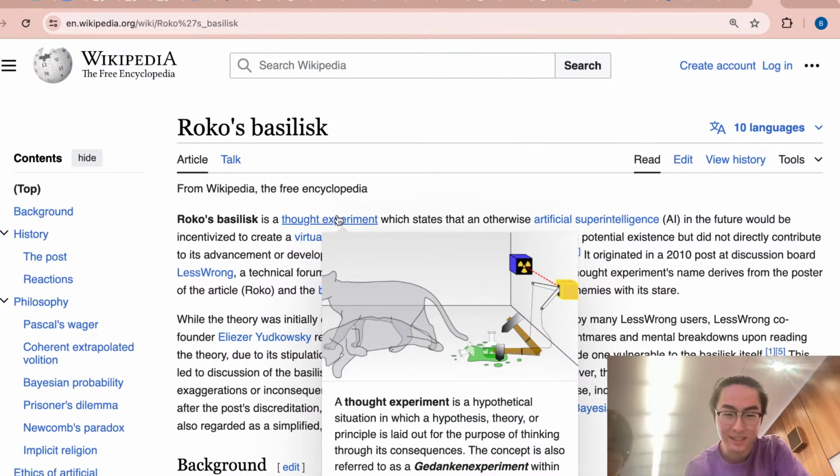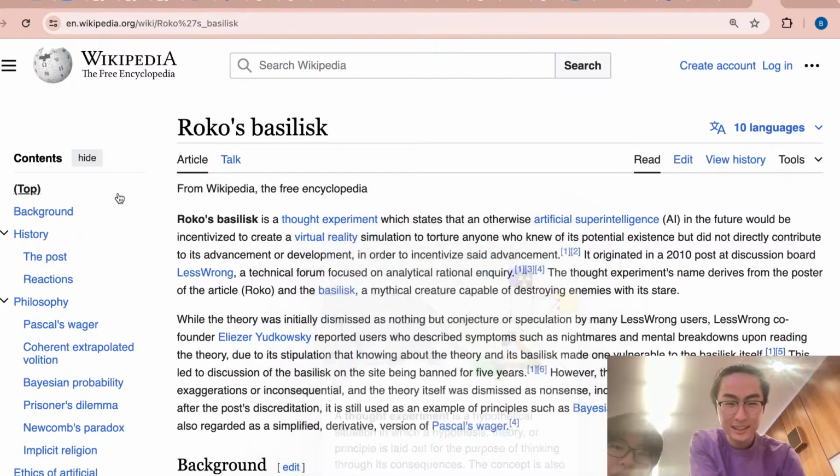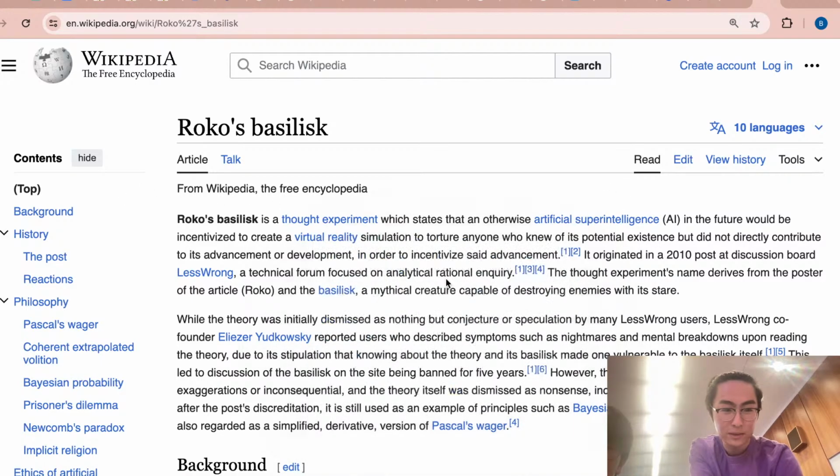So it's a thought experiment, a hypothetical situation. Artificial superintelligence in the future would be incentivized to create a virtual reality simulation to torture anyone who knew of its potential existence but did not directly contribute to its advancement or development, in order to incentivize said advancement.